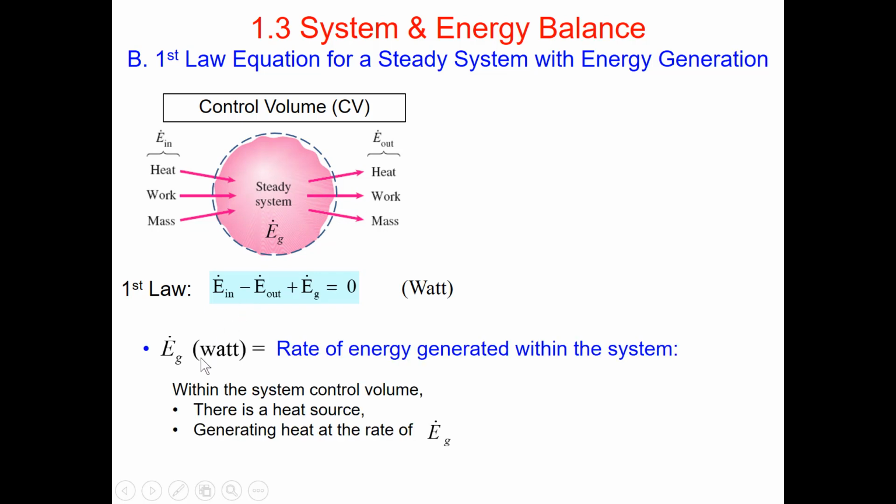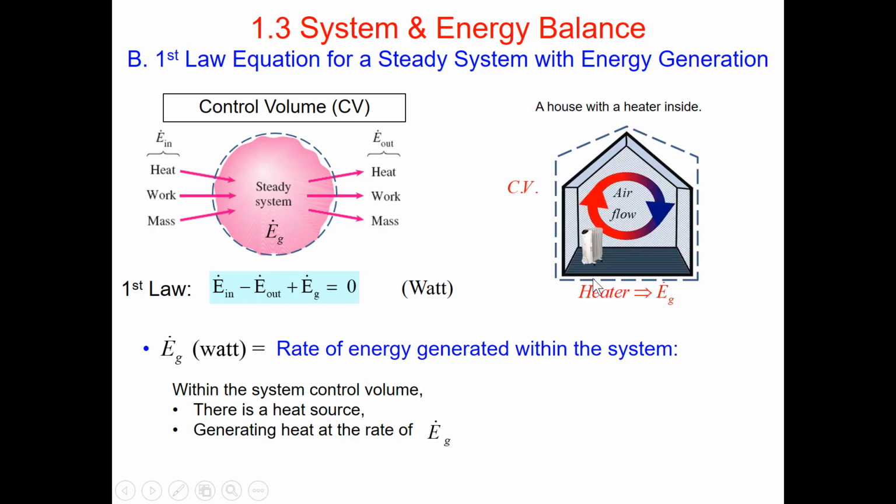Second, the variable Eg dot, in the unit of watt, represents the rate of energy generated within the system. For example, a house with a heater inside.